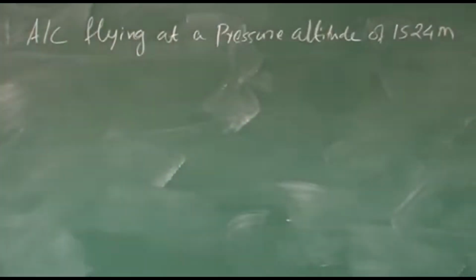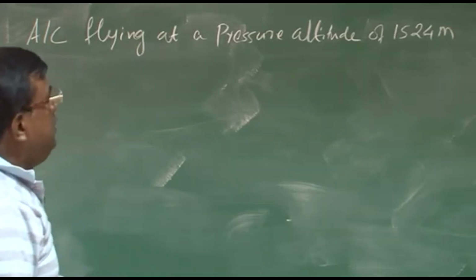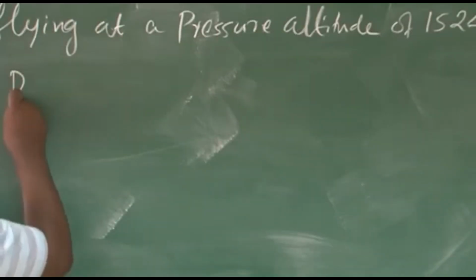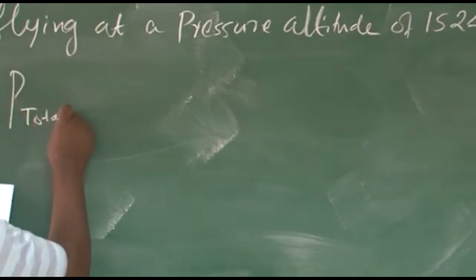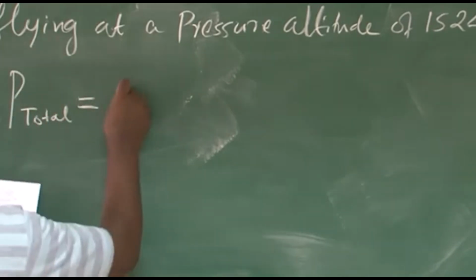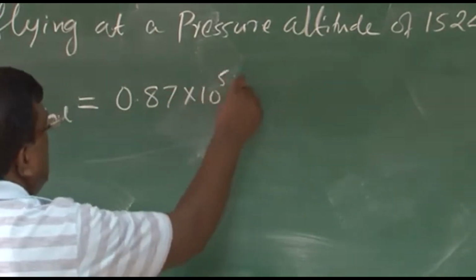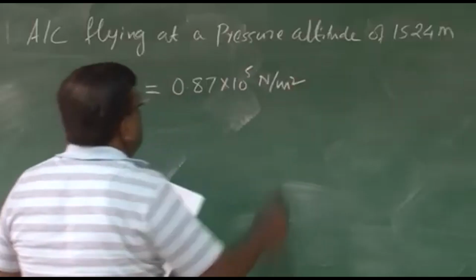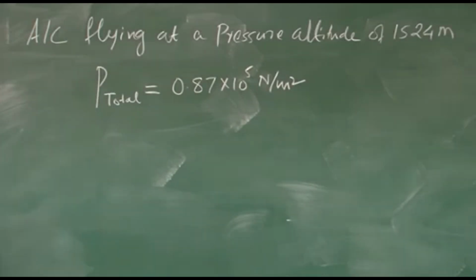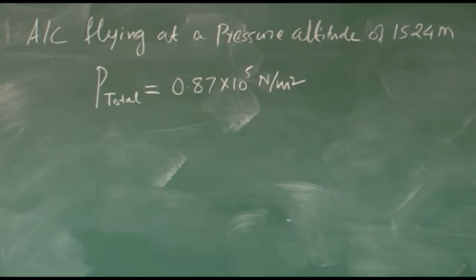The aircraft is flying at a pressure altitude of 1524 meter and P total, let's say the aircraft measured, was 0.87 into 10 to the power 5 Newton per meter square. Please understand, this is the P total, that is the central tube of the Pitot tube. Let's say it was measured to be 0.87 into 10 to the power 5 Newton per meter square.